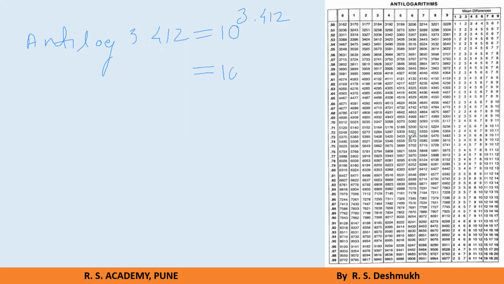I can write this in a different way: 10 raised to 3 times 10 raised to 0.412. The answer should be 10 raised to 3, that means 1000, times something. Since it is 10 raised to 0.412, that something should be greater than 1 but less than 10. And we find that value exactly by using the antilog.